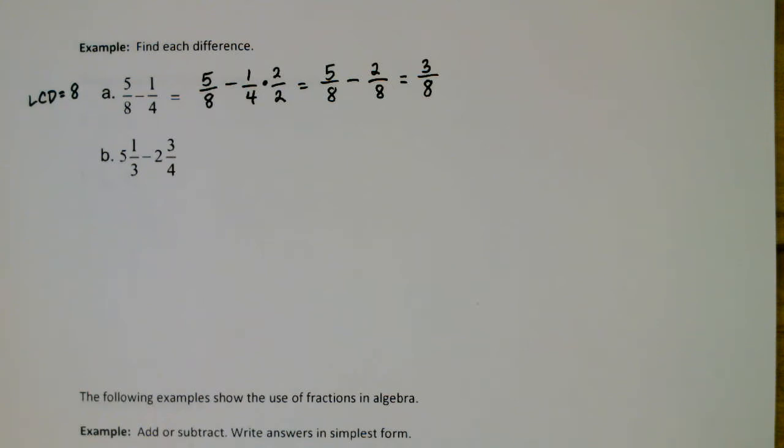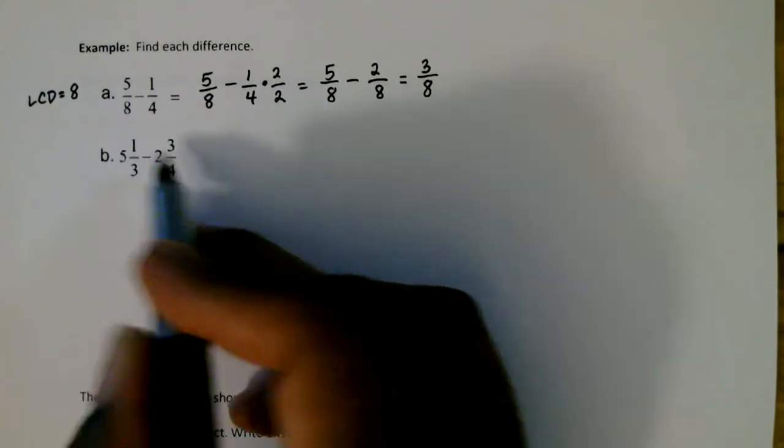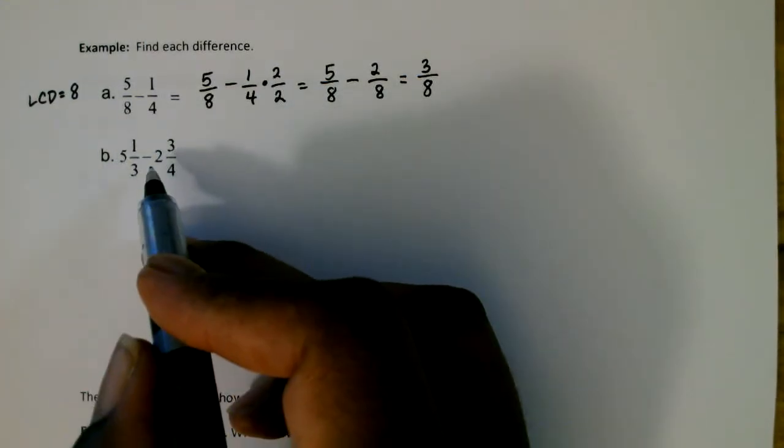Okay, now for 5 1/3 minus 2 3/4. Now, there are two methods here.